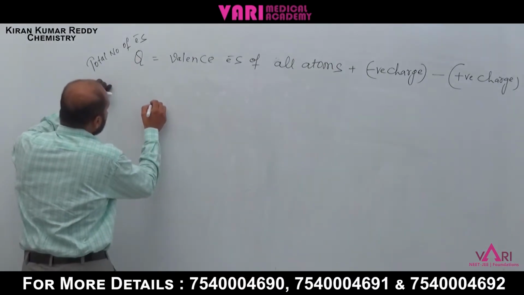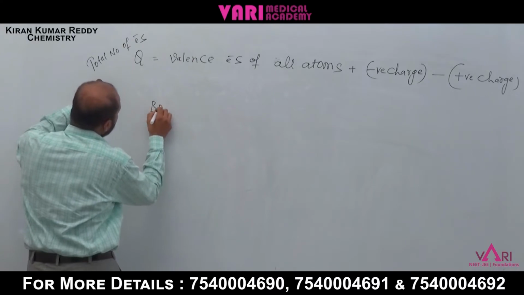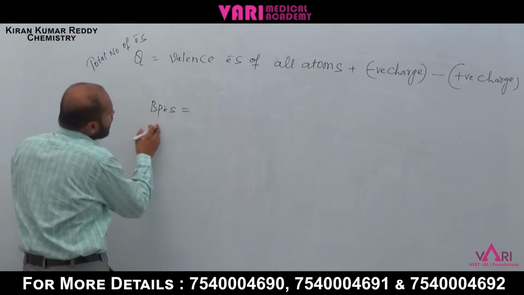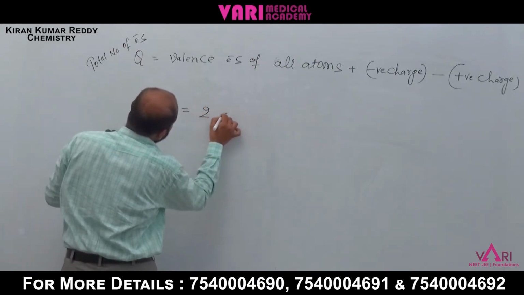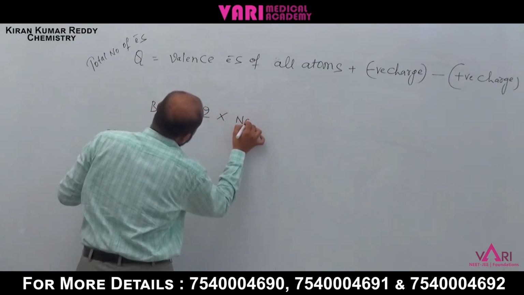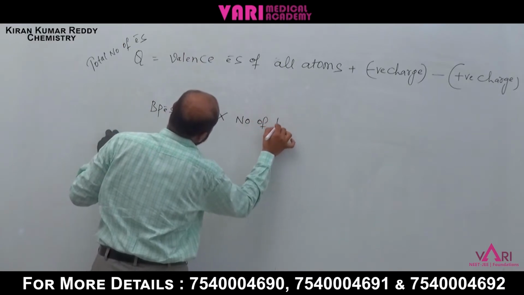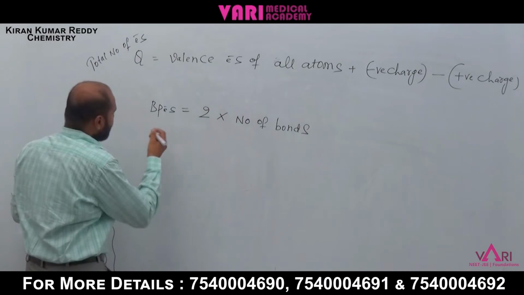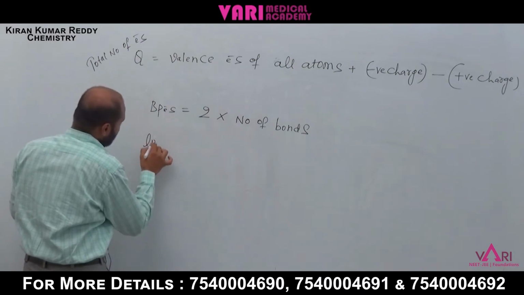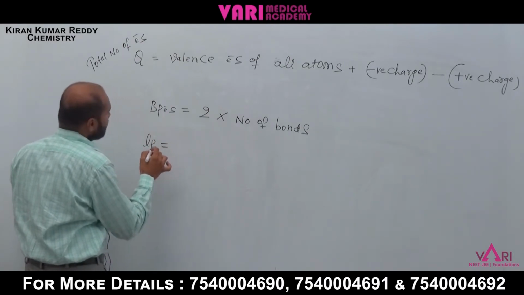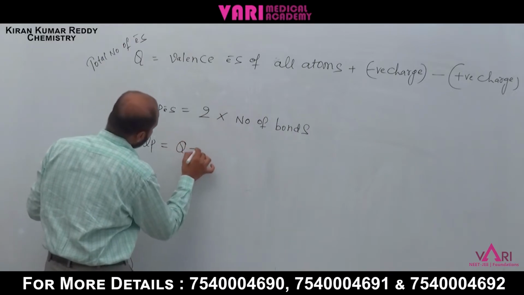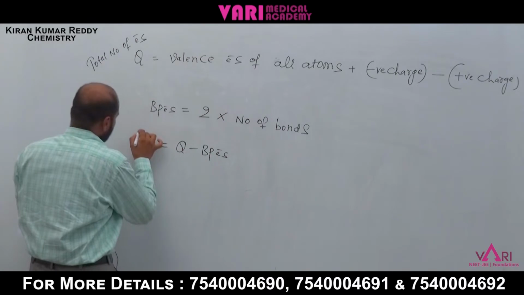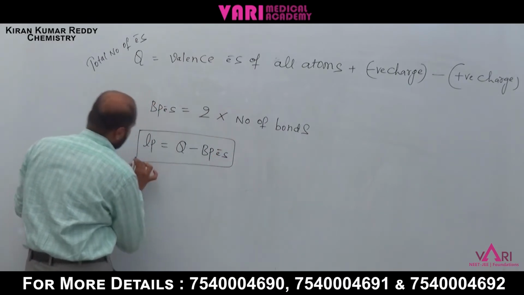Next, write down bond pairs of electrons. What is BP? Bond pair of electrons is equal to 2 into number of bonds. Number of lone pairs is equal to Q minus bond pair of electrons.